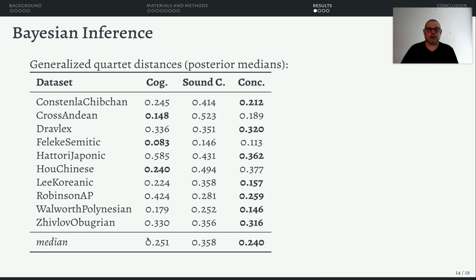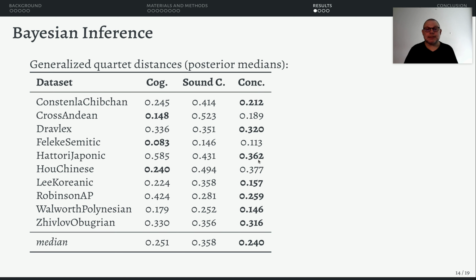So the first column, these are cognacy data, the second column are sound correspondence data, and the third column is the combined data set. And you find that using sound correspondence data never gives the best result. The best results are either using just the cognacy data or using the combined data.